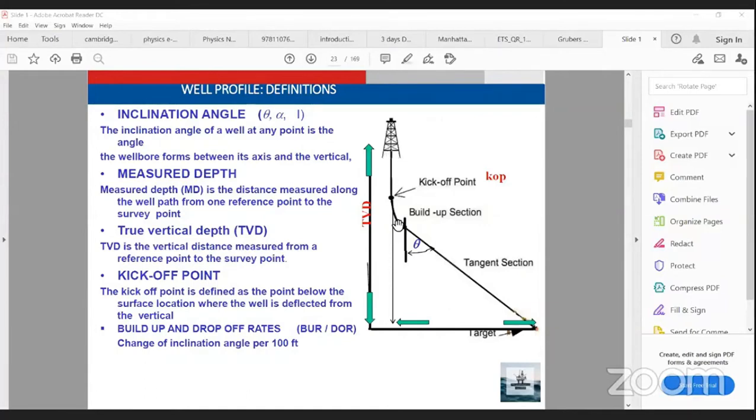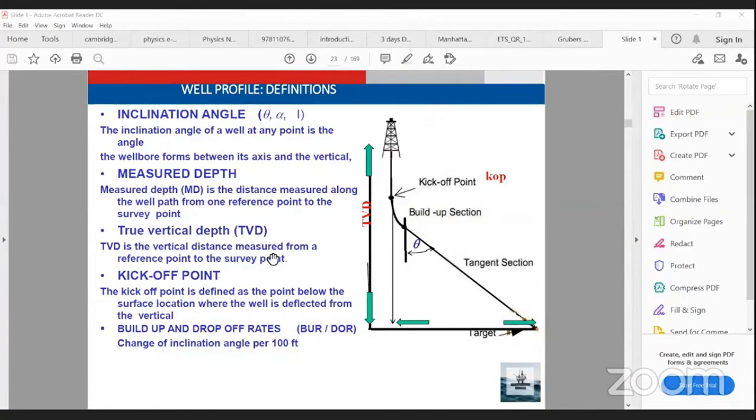This is called true vertical depth. So the measured depth is the depth along the well path or wellbore, while the true vertical depth is the vertical distance from the surface location to the survey point, or the point I take as a calculation point or reference point.